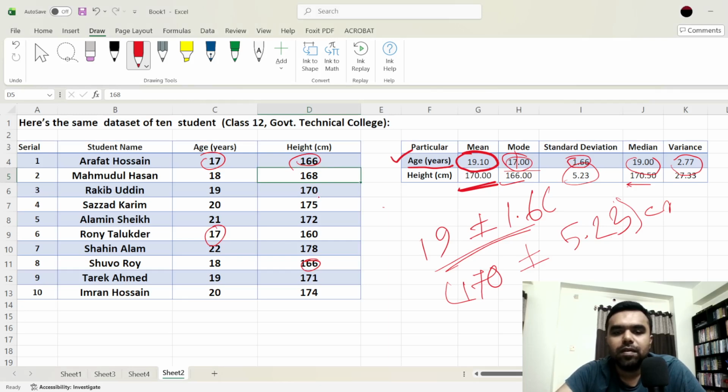From standard deviation, we can understand that we didn't explain the variance.